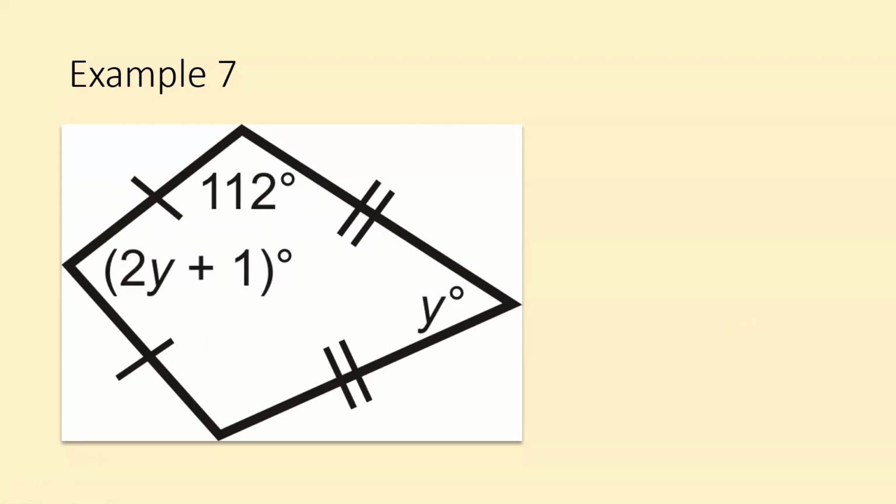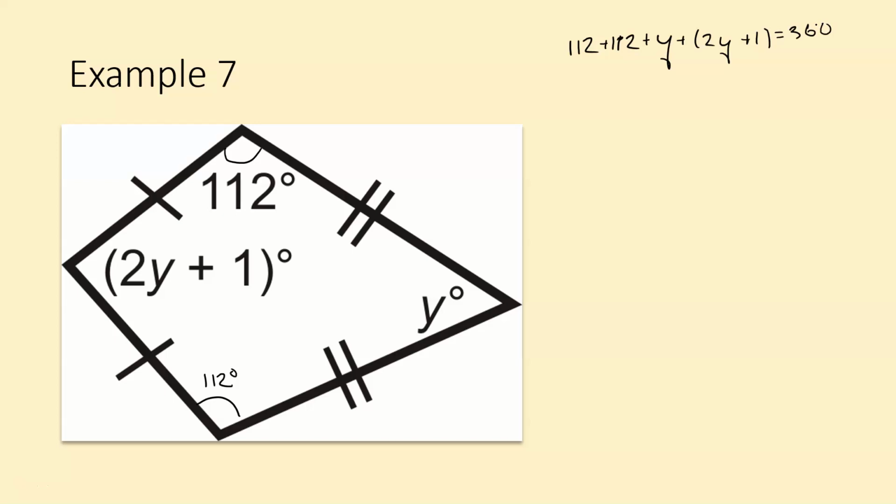Okay, let's look at one with some algebraic expressions. We know that these opposite angles are congruent, but these opposite angles are not the other opposite angles. So to find y, we will need to add all the angles and set it equal to 360 degrees.